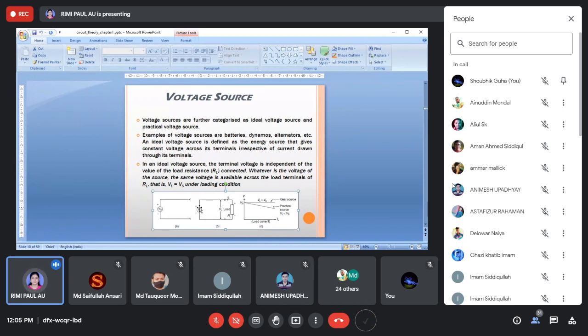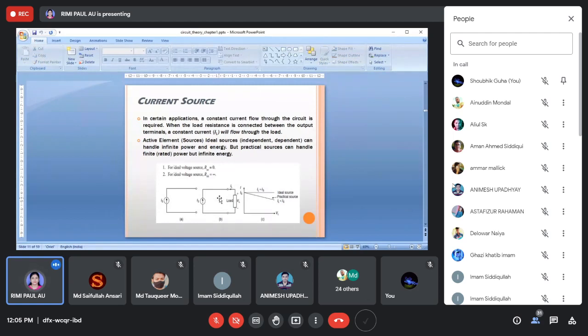There must be some drop, which is subtracted from the main source. Suppose a small resistance is present and a 0.1 volt drop appears here. If it is a 5 volt source, you will get 4.9 volt at this terminal. That is a practical source. This is the difference between an ideal source and a practical source.